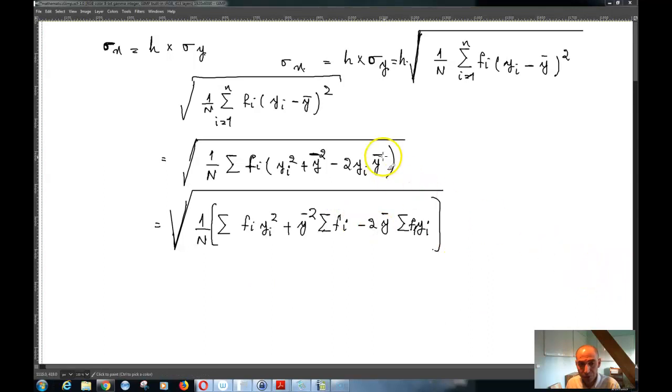The only change I made here is that I had forgotten to write f of i, which I wrote here.